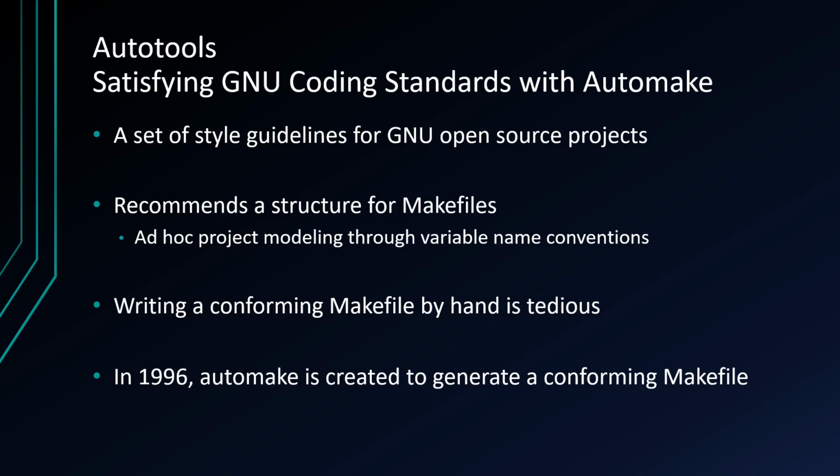But it does recommend a structure for makefiles and a bunch of standard targets and naming conventions for variables and so on. And if you're going to write a makefile by hand, it's a whole bunch of extra stuff that you have to do. Writing a target for installing your package, writing a target for building your package, writing a target for running any tests associated with your package, writing a target for creating a source distribution of your package.